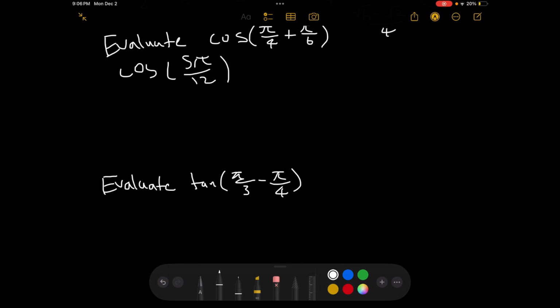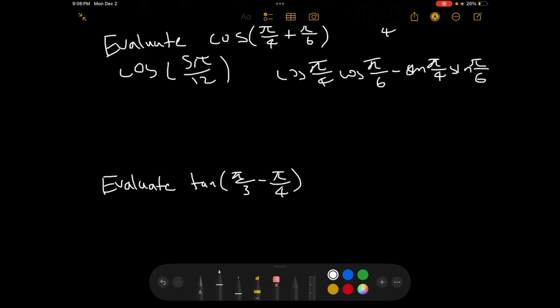And you'd have to be able to see how to break this down into unit circle numbers that you can use. So we can just rewrite this as cosine of pi over 4 times cosine of pi over 6 minus sine of pi over 4 times sine of pi over 6.